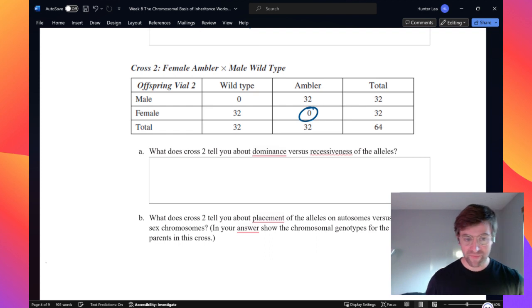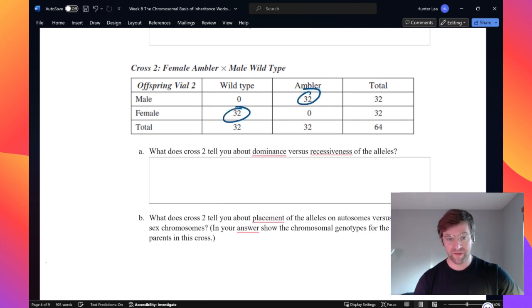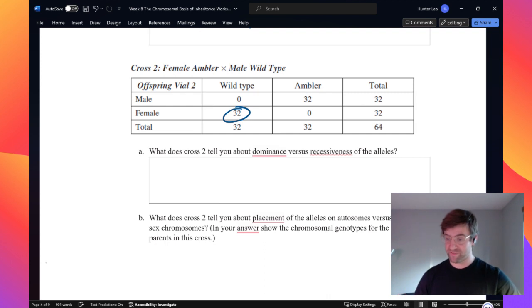So because all of the males are ambler, and all of the females are wild type, this indicates that ambler must be recessive. And we know that it's recessive because it's only showing up in those males, and therefore it must also be sex-linked.